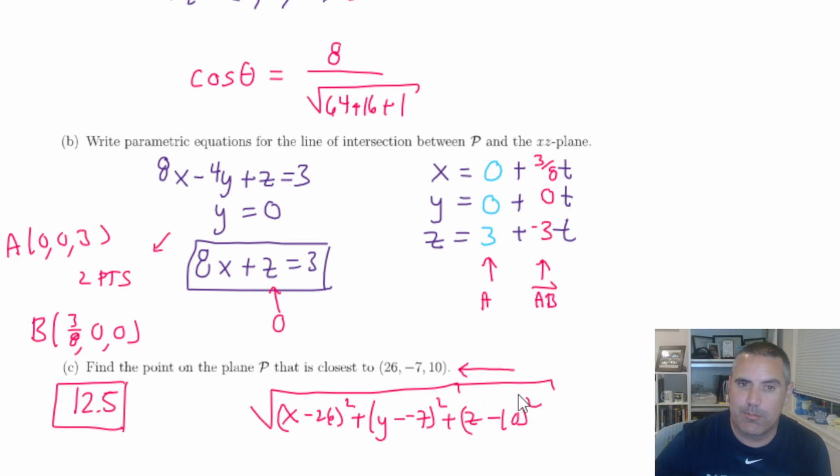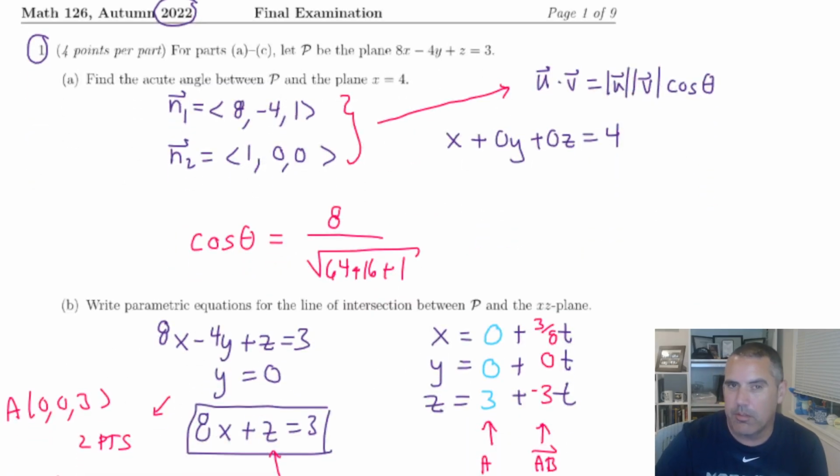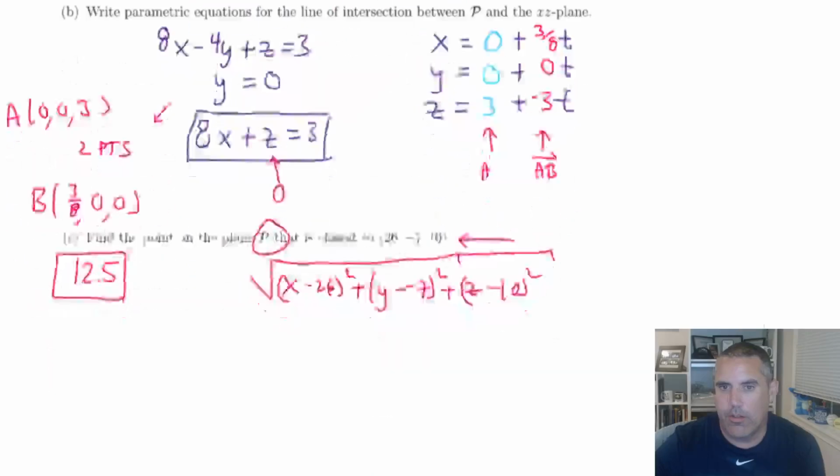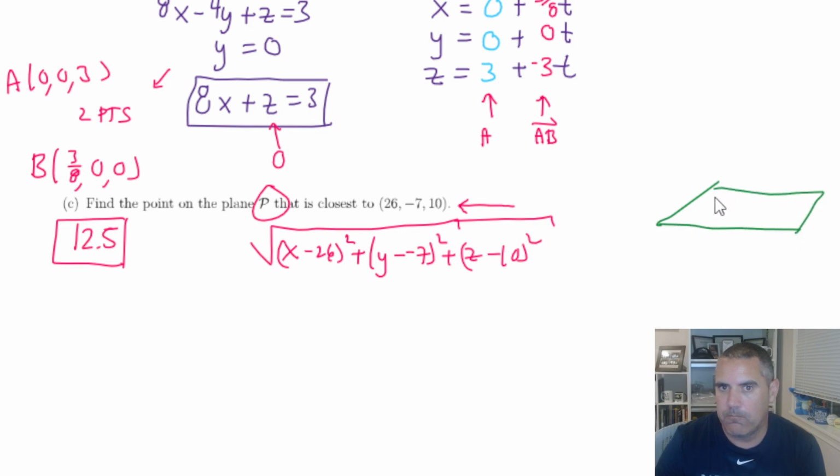Now, I don't really like this method because the next step is to substitute. Maybe it's all right. Substitute the z or the x or the y, take derivatives, and see what you get. There's even a third sort of geometric approach, which is I have the equation of a plane.